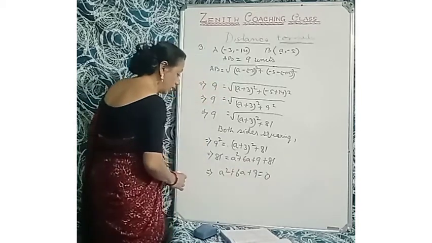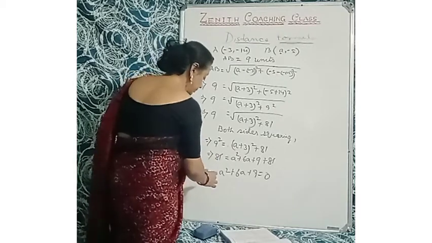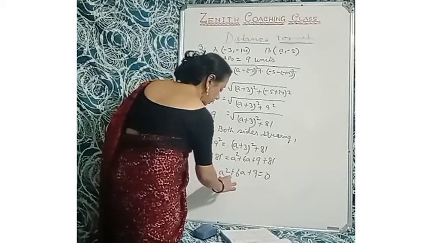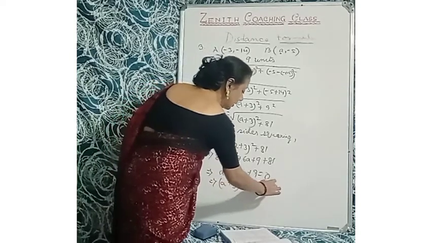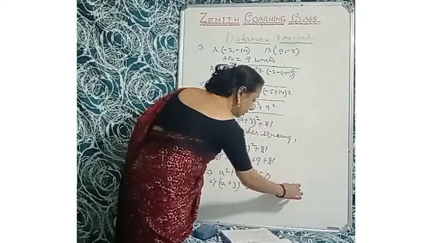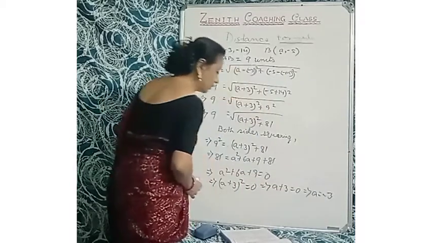Now what will you write? That is (a plus 3) whole square equals 0. That is a plus 3 equals 0. That is a equals minus 3.